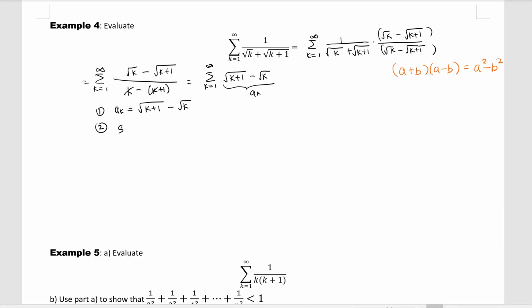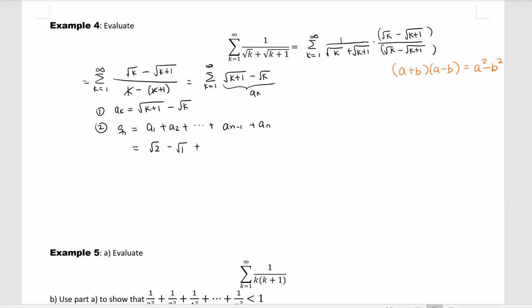Second step, S sub n is then a sub 1, a sub 2, a sub n minus 1, a sub n. So if you get used to it, then you don't need the a sub n minus 1 term. But because now we are still new to this kind of problems, so it's good to write it down. Okay, we plug in the first term when k equals 1. So we have square root of 2 minus square root of 1.